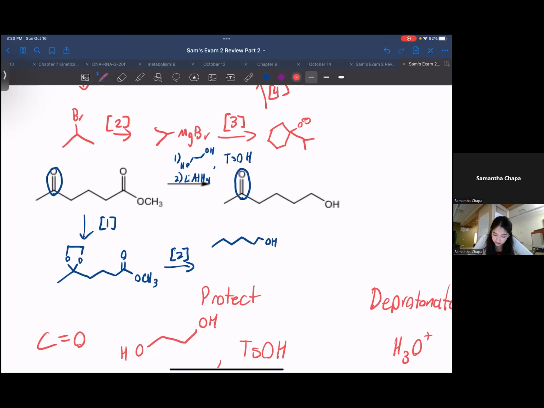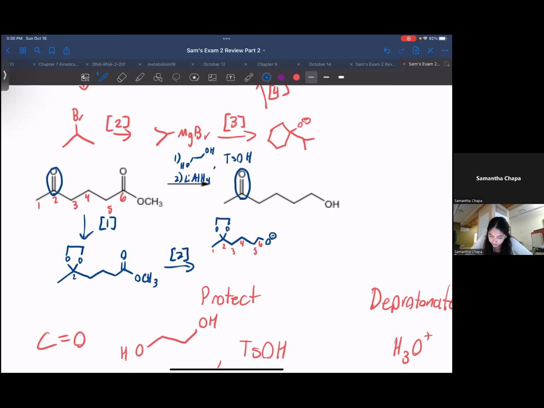So again, let me count just to make sure that I'm not messing up anything. 1, 2, 3, 4, 5, 6. Count all your carbons. Can't drop any carbons. So yeah, we're good with that. Oops. Not ready for the protonation. On carbon number 2, I have that acetyl thing.